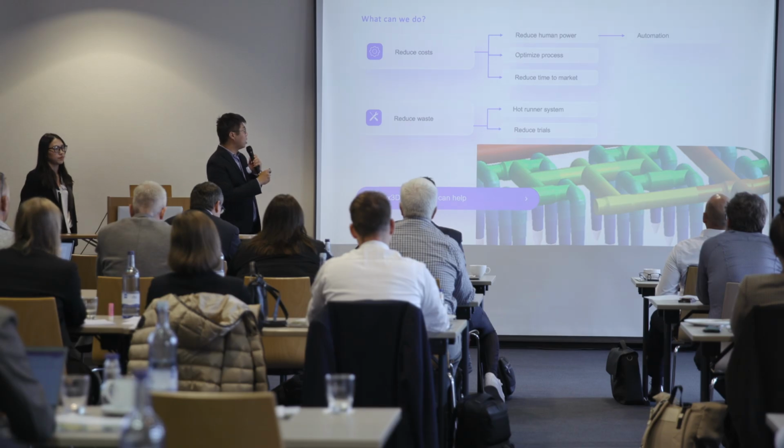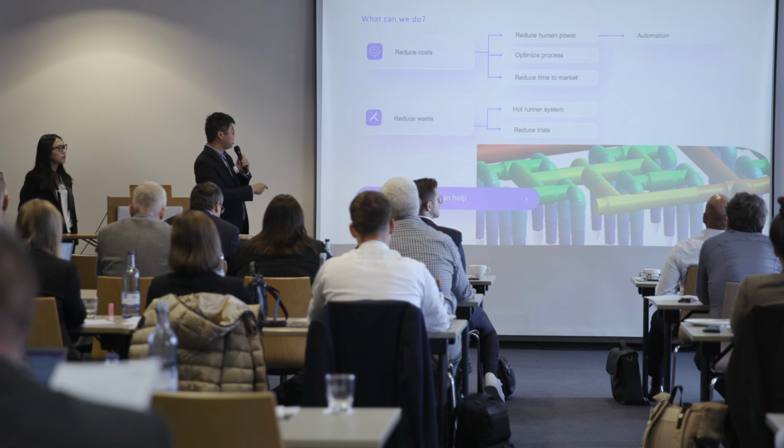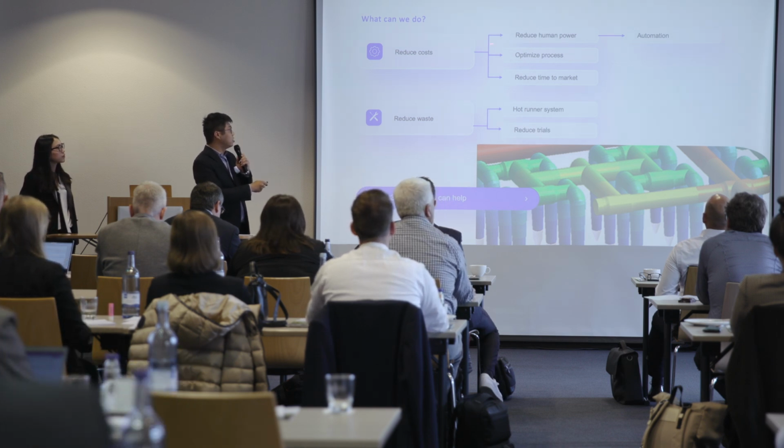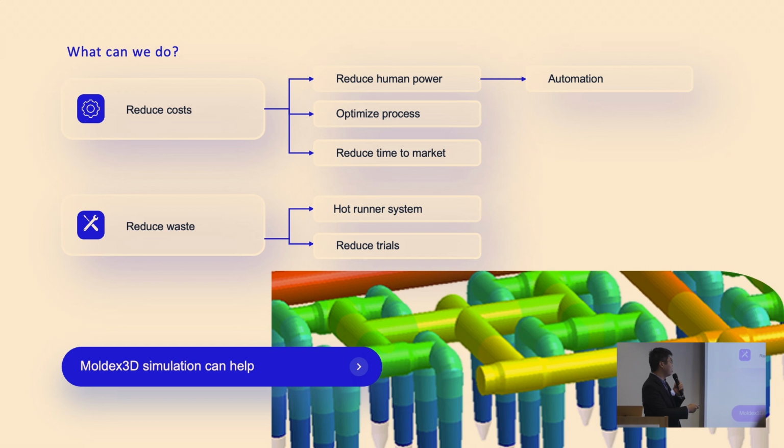Okay, so here are two directions that we can take. First is reducing cost. We can reduce manpower since there are more and more automation tools in our simulation, so you can reduce the time spent on part design. Of course, selection of the material still depends on your knowledge.